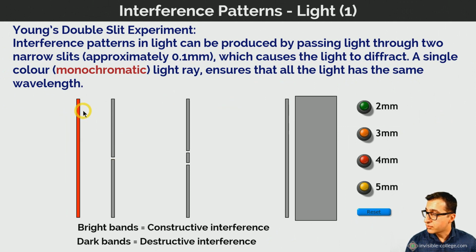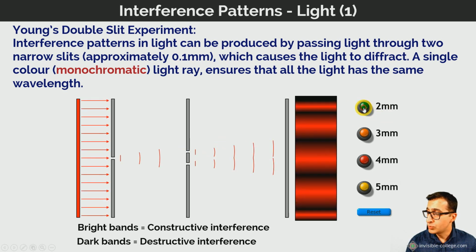Again, this is another representation of the Young double slit experiment. We have here light passing through 2 narrow slits, and it's monochromatic light. So we're using a filter to make sure that the light is all just one color, one frequency, or one wavelength of light. If we start with the slits at 2 millimeters apart, we can see these bands of light on the screen.